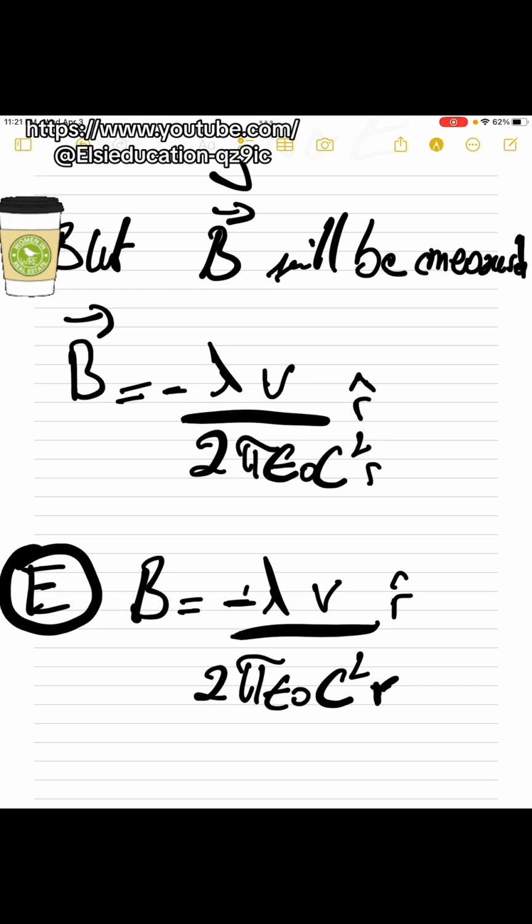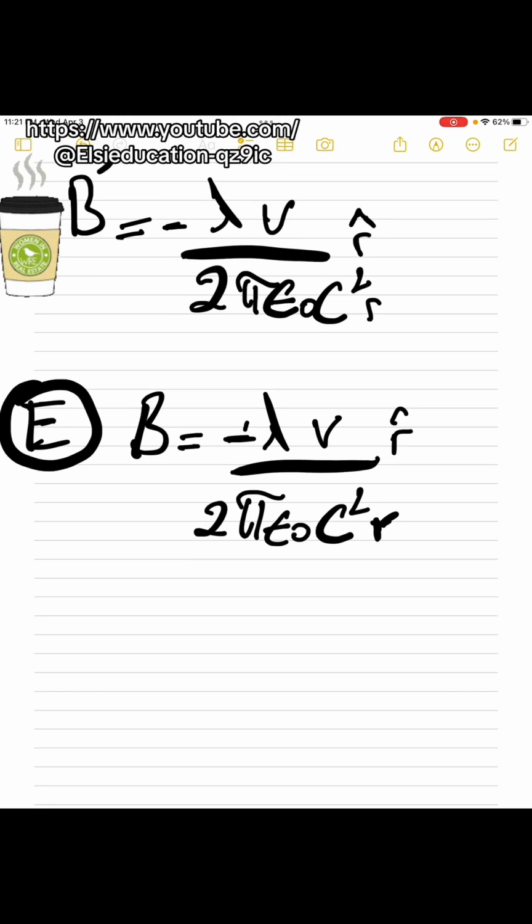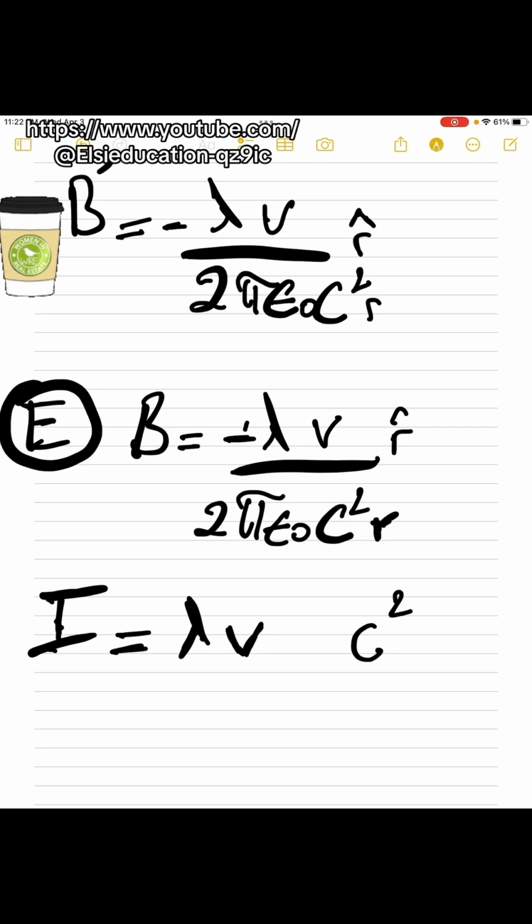Right? So here we know that current is equal to linear density multiplied by the speed. And we know that c square, that's the speed of light, is equal to 1 divided by the constant.